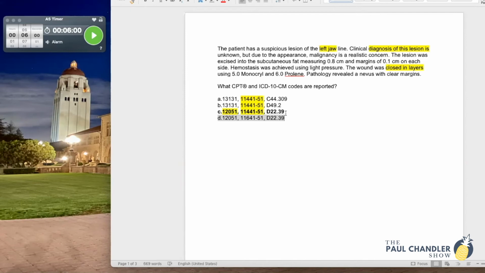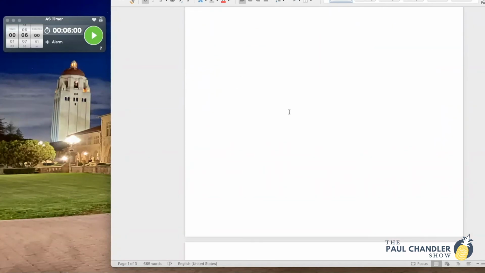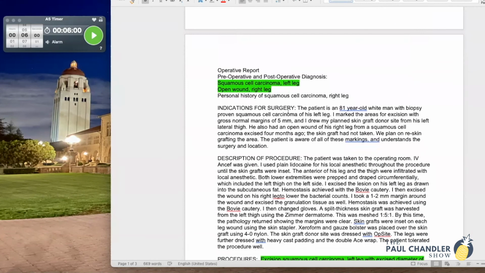So the first CPT code and the diagnosis code were in there twice. That's why that's the first code that I looked up, on the Charlie route. So that's just going process of elimination sooner rather than later.